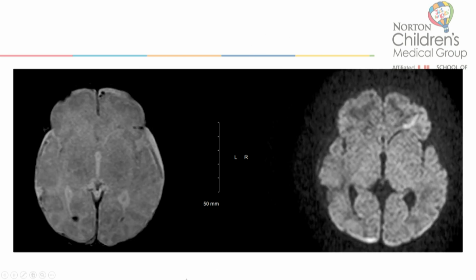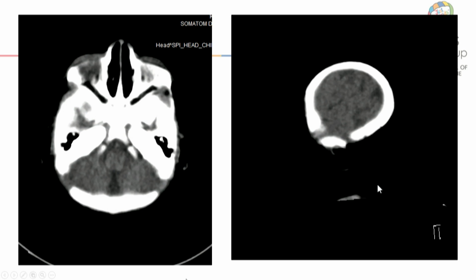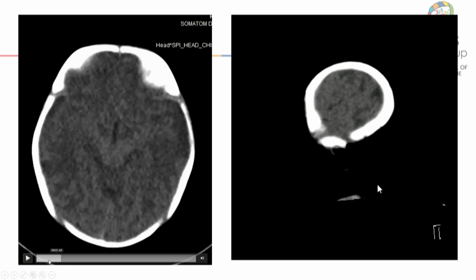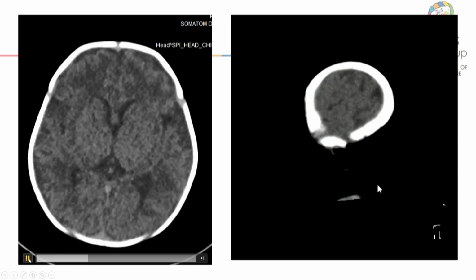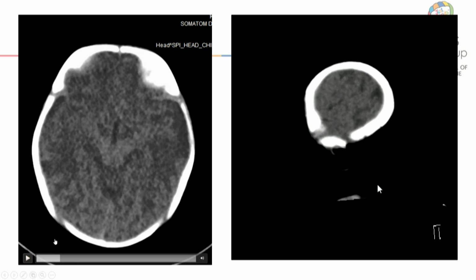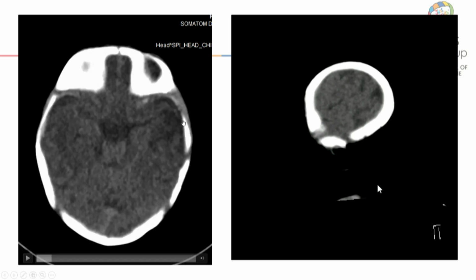Now I know. Because this was the MRI of the kid. Initially this was read as normal. But look at that hypodense region in the anterior temporal lobe right there. Is that abnormal?